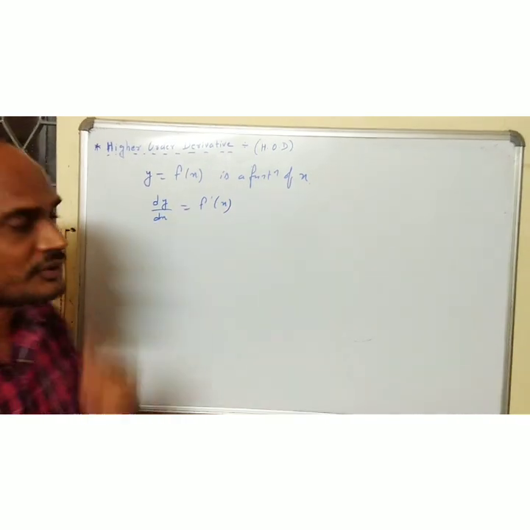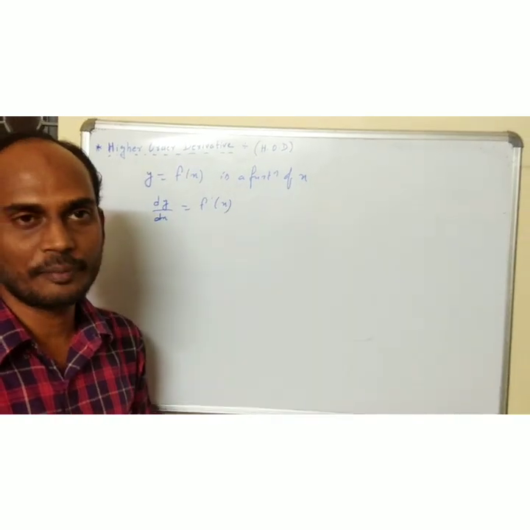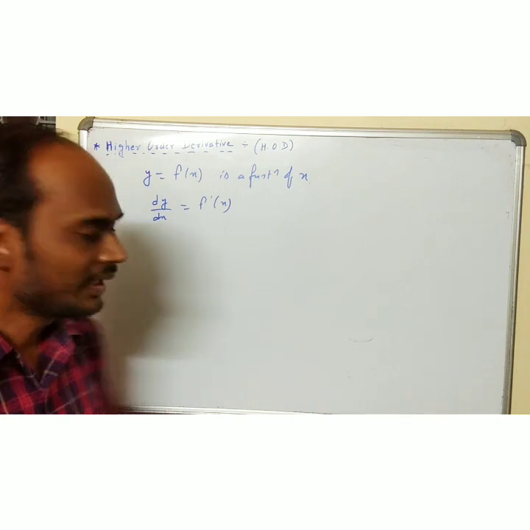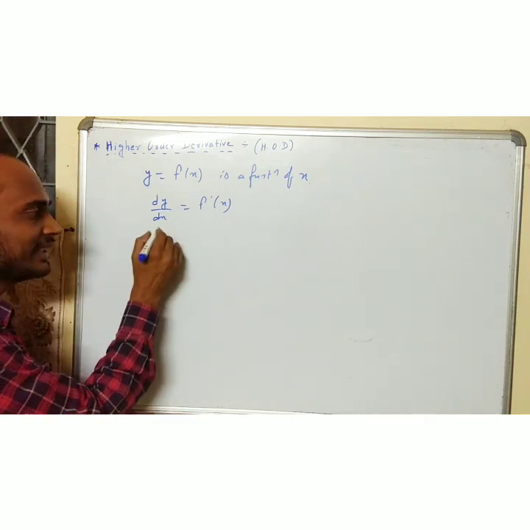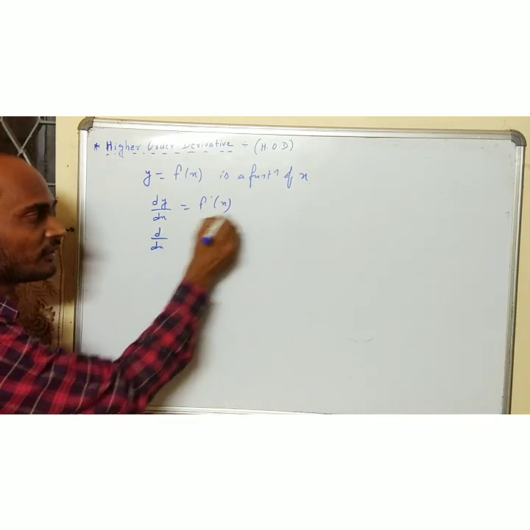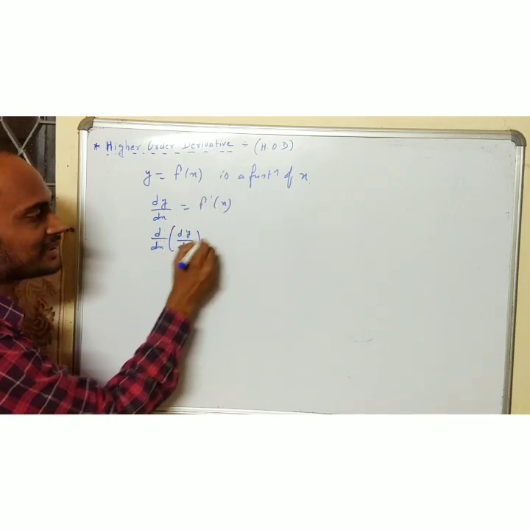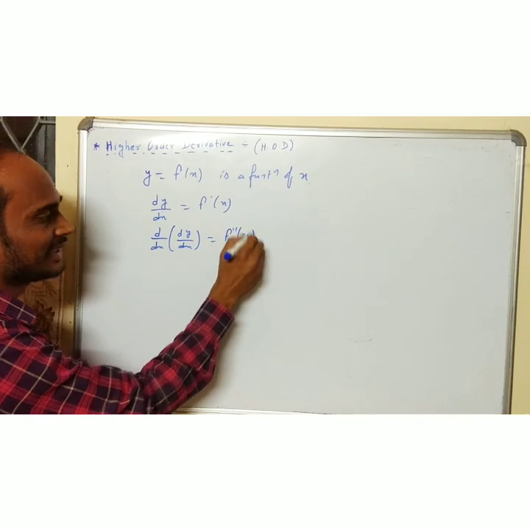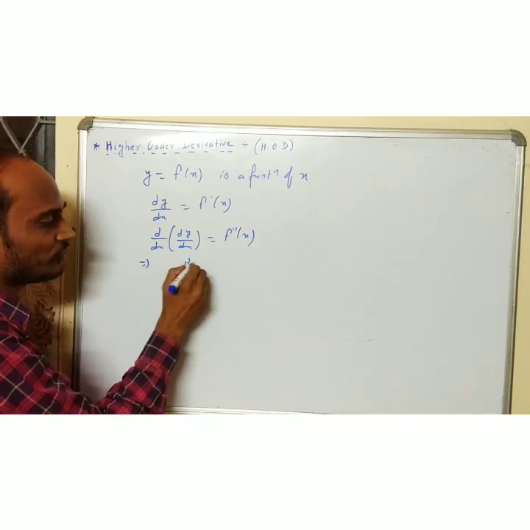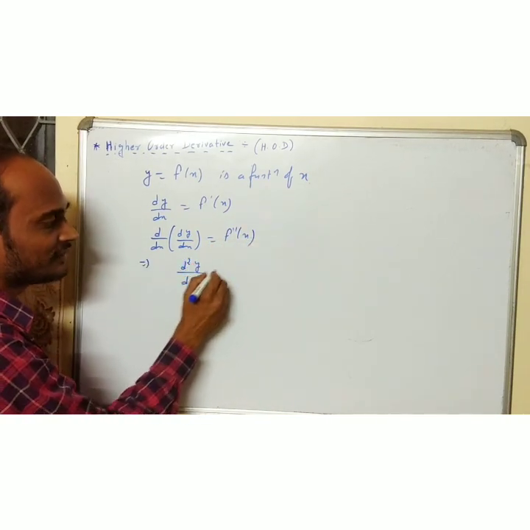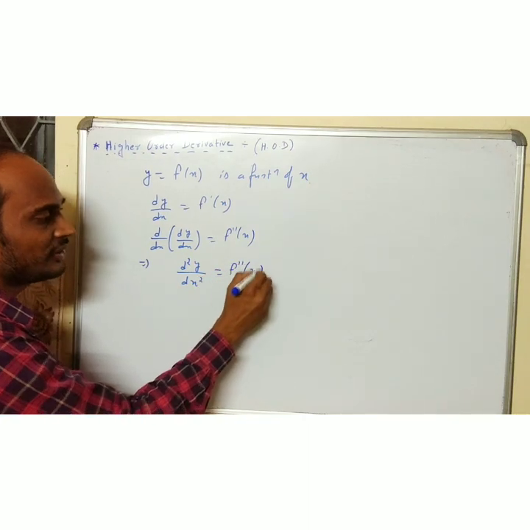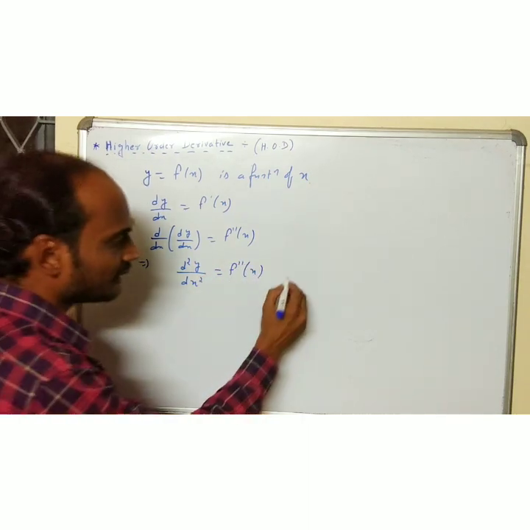Suppose the derivative which you have found is again a function of x and it is further differentiable. Then the derivative of f dash of x, we will write as d by dx of dy by dx, and this is f double dash of x, which we denote as d2y by dx2, and this is called the second differentiation, or the second order derivative.